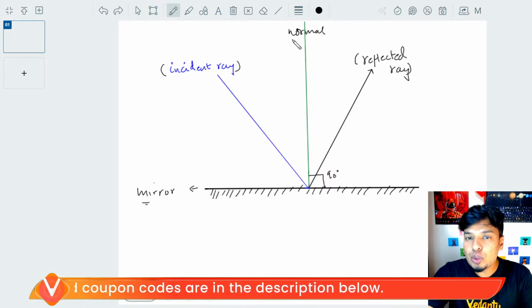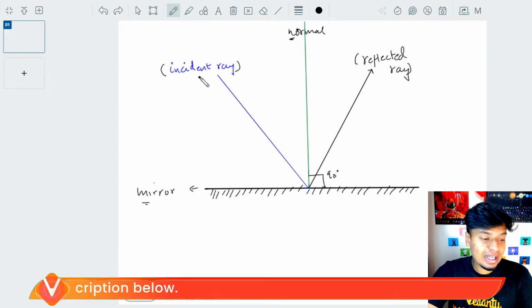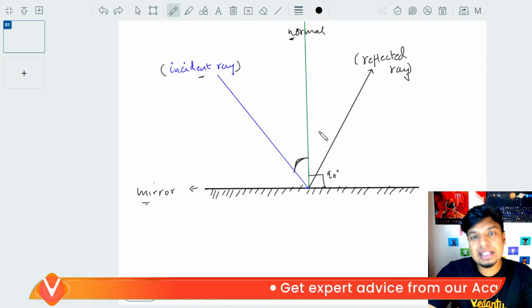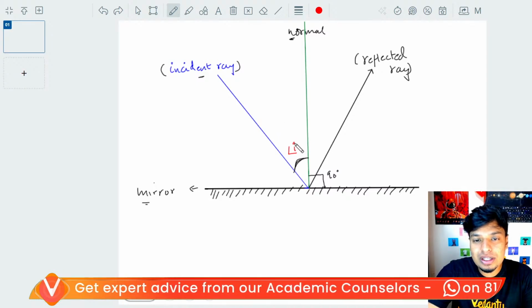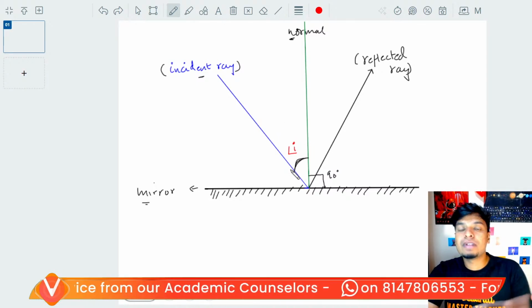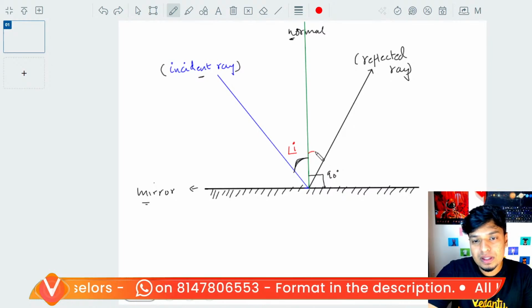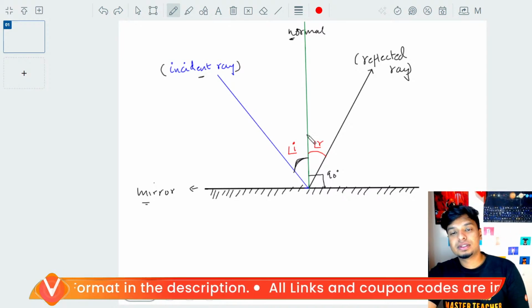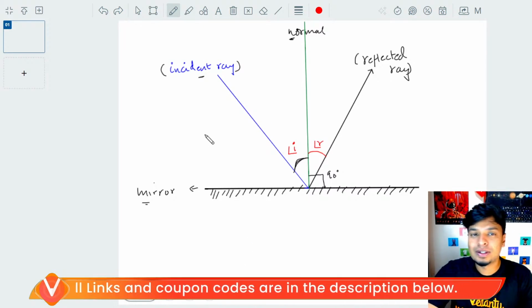The angle between your normal, listen to me very carefully, and your incident ray is your angle of incidence. This right here will be your angle of reflection. You have your angle of incidence, you have your angle of reflection.